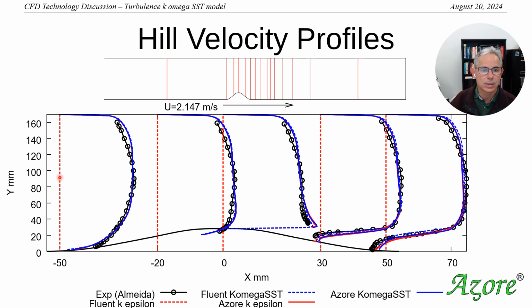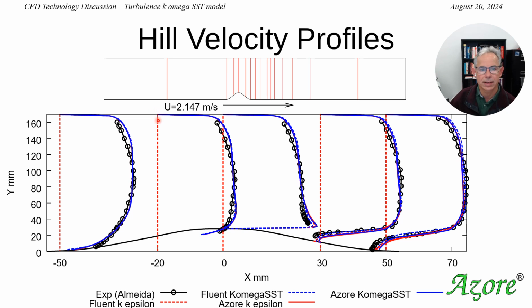And the distance between here and here is the experimental data. And here we have a reference. So the length of this right here is 2.147 meters per second long, and that is the distance between here and here. So you can see that this distance and this distance, it's right around 2 meters per second.